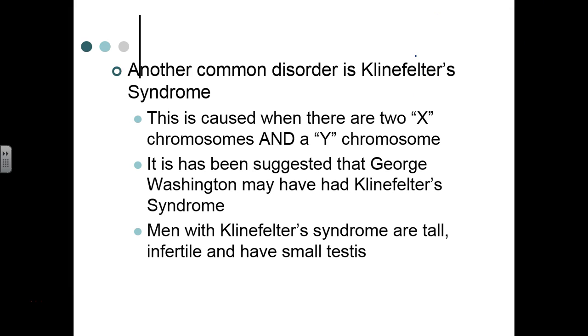Another important one to be familiar with is called Klinefelter's Syndrome. And this is when there are 2 X chromosomes and a Y chromosome. So the two X's from mom didn't separate, or the X and the Y in dad didn't separate.